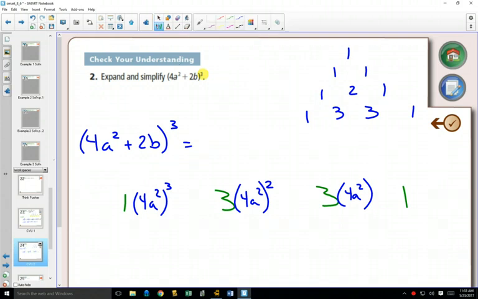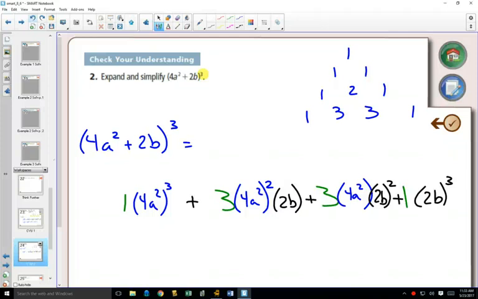Looking at our second term, the 2b, you'll start off with no 2b's, then 2b once, then 2b squared, and finally 2b cubed. There would be plus signs in between all of those. So one variable goes down by 1, the other term goes up by 1.